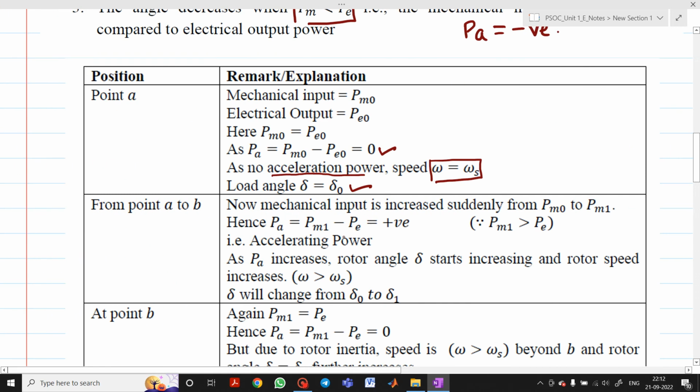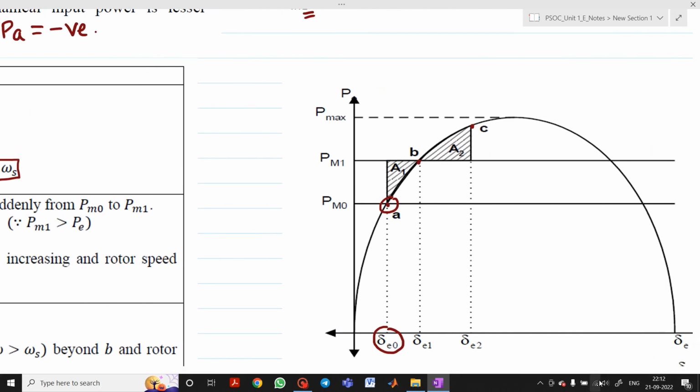Now what happens from point A to point B? Here in the diagram, the mechanical input is suddenly increased from PM0 to PM1. So this line indicates the sudden increase in the mechanical input.